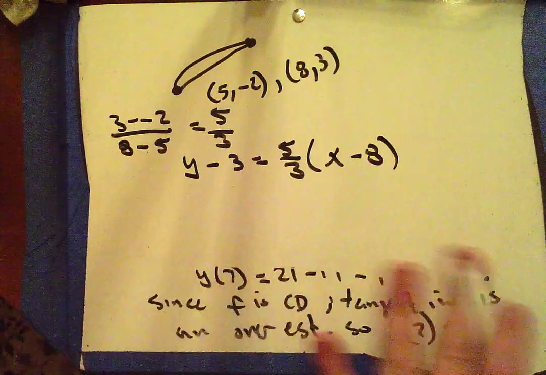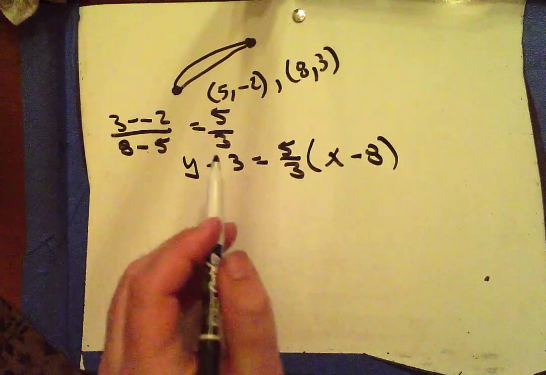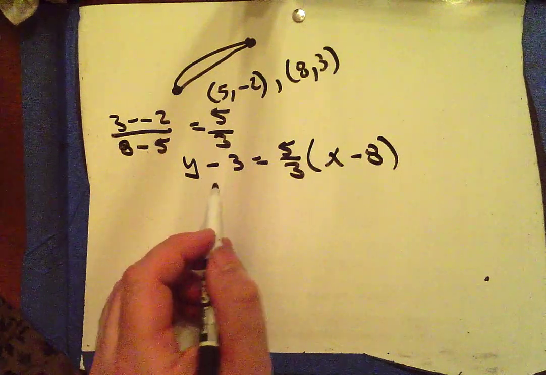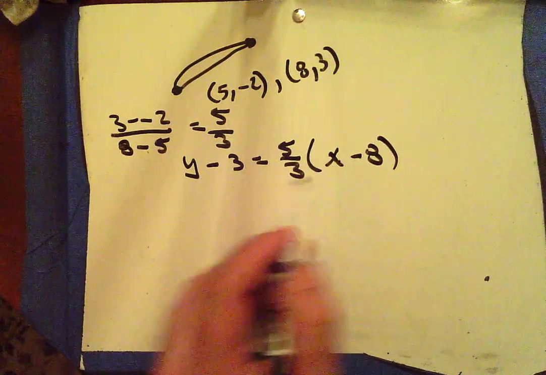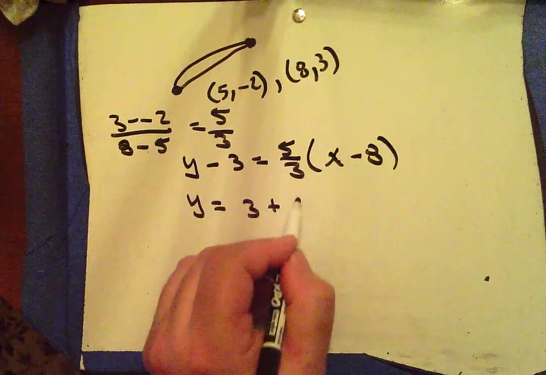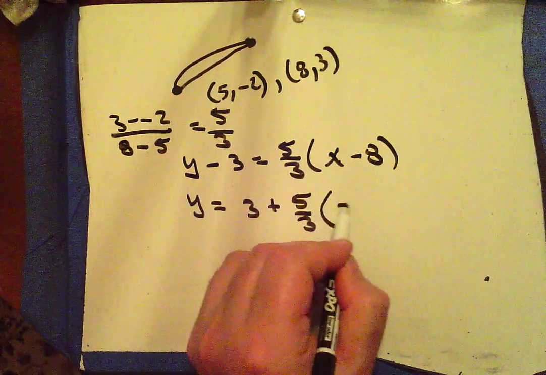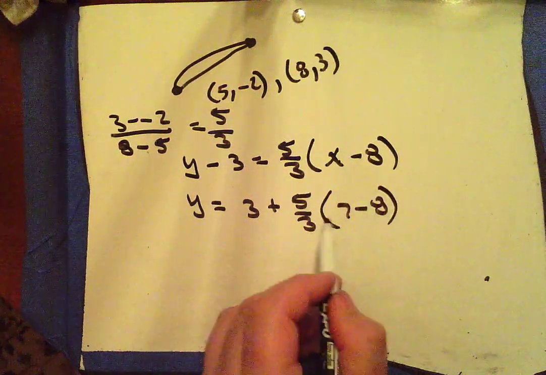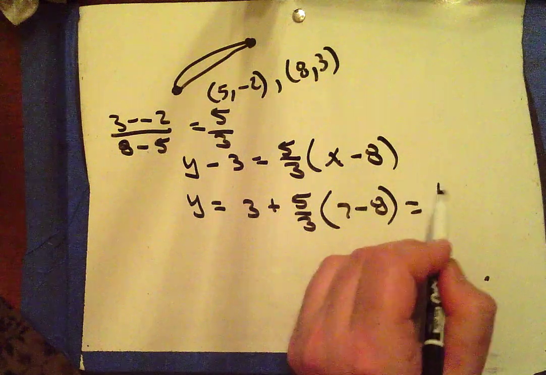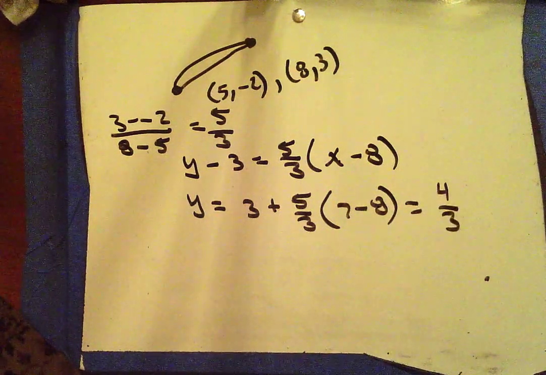And we want to know about 7. Okay, so 7, if I plug a 7 in there, y equals 3 plus 5/3 times 7 minus 8. That's 9/3 minus 5/3, which is 4/3.